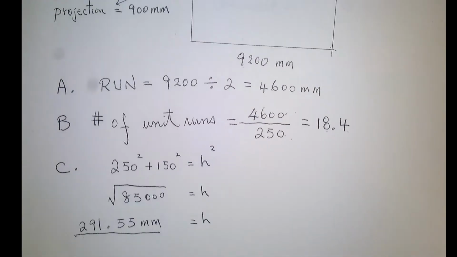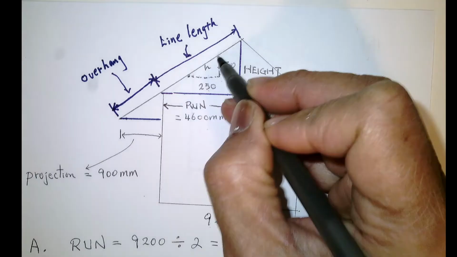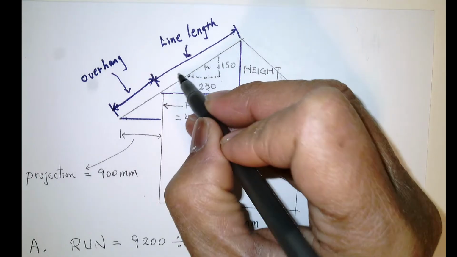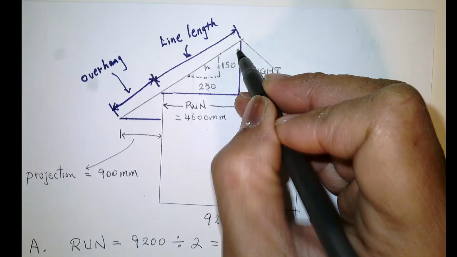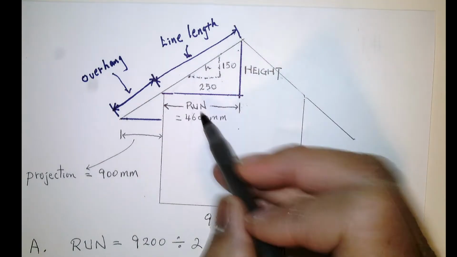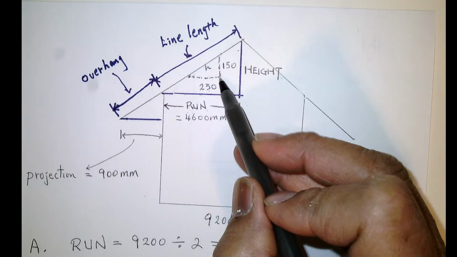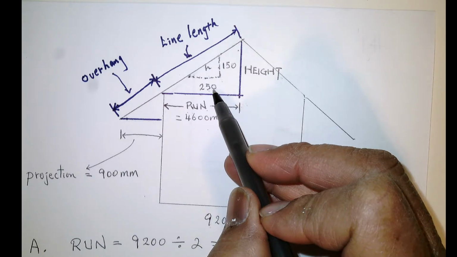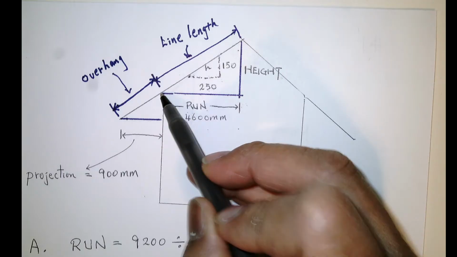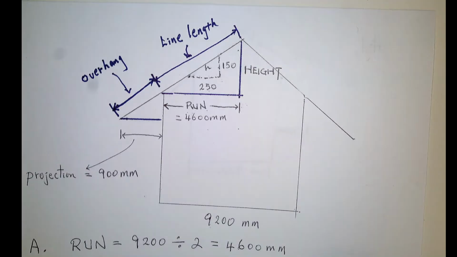From here to here is 291.55 millimeters. If the run increases by 18.4 times, then the line length from here to here should also be increased in the same proportion.